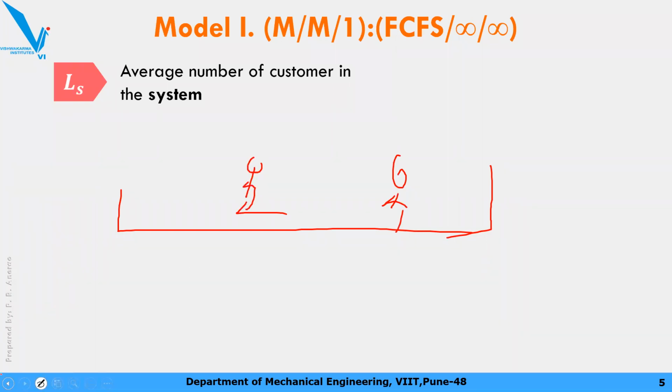LS is calculated by rho divided by 1 minus rho, where rho is the utilization factor. It will give you the number of customers present in the system. The derivation I am directly skipping.